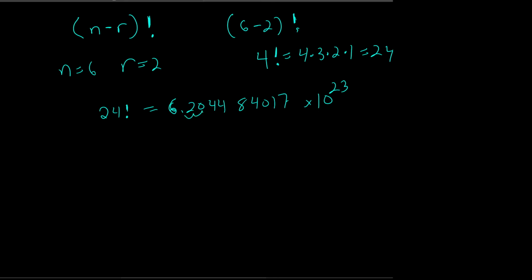So 1, 2, 3, 4, 5, 6, 7, 8, 9, 10, 11, 12, 13, 14, 15, 16, 17, 18, 19, 20, 21, 22, 23. I think I got that right. Let's see, I'll count again: 1 through 23. Yep. And so that's what this number is, 6.204 times 10 to the 23rd.